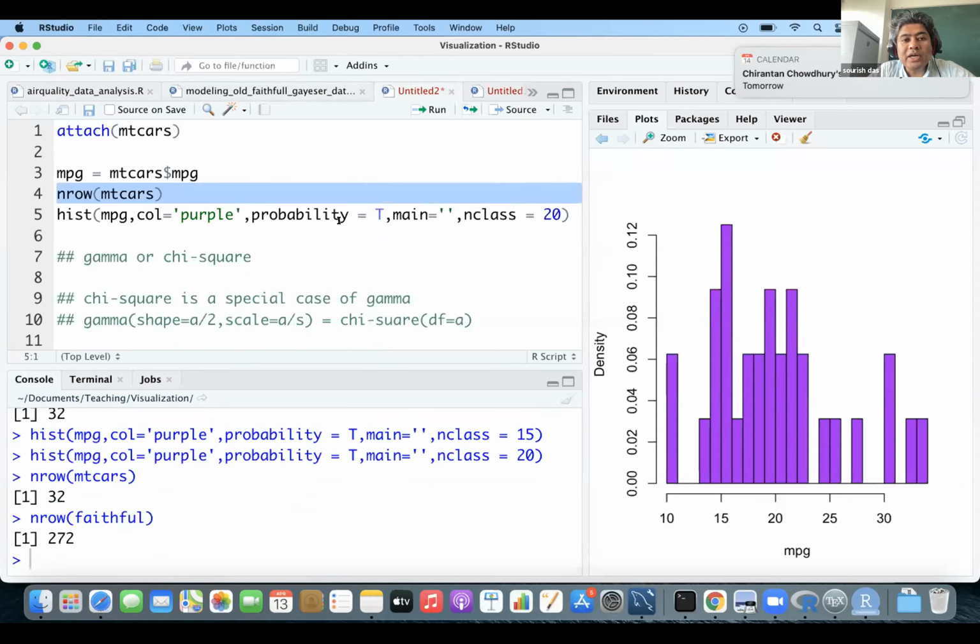The problem that I'm trying to show you is that if your sample size is small and you try too complex a distribution, then you may run into something very weird.